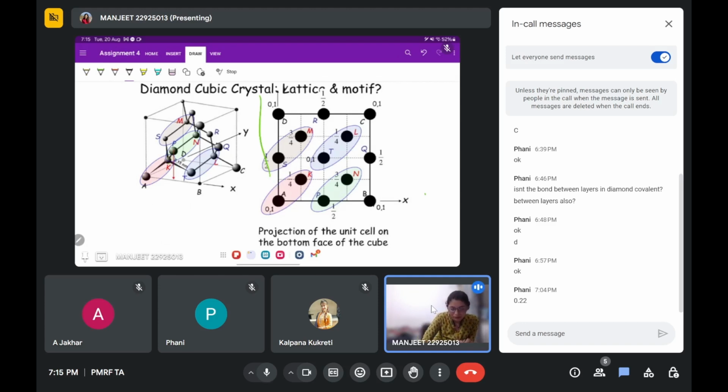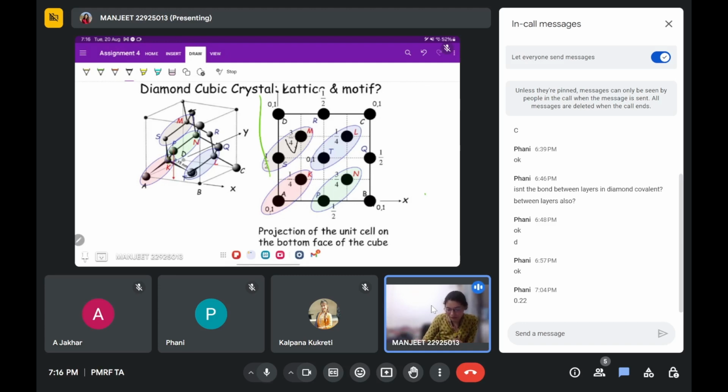So this is 1 by 2, 1 by 2, 1 by 2, 1 by 2. Now this atom m, if you project here, is at the distance of 3 by 4. For the atom t, here it is 0, and the same atom will be at the upper, because this is the projection of the same atom, that's why 0, 1.